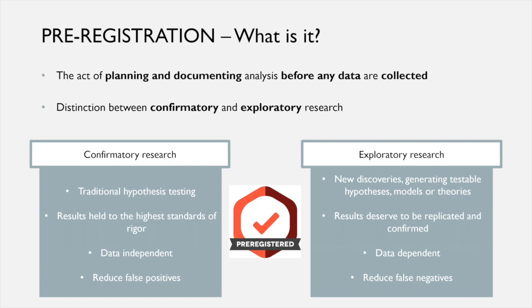Exploratory research can be used to discover new hypotheses, new models, new theories, and the results deserve to be replicated and confirmed. Of course, because it is exploratory research, it is data dependent. And it's the process of also learning with our data, and reduces the false negatives, which is also important and relevant.